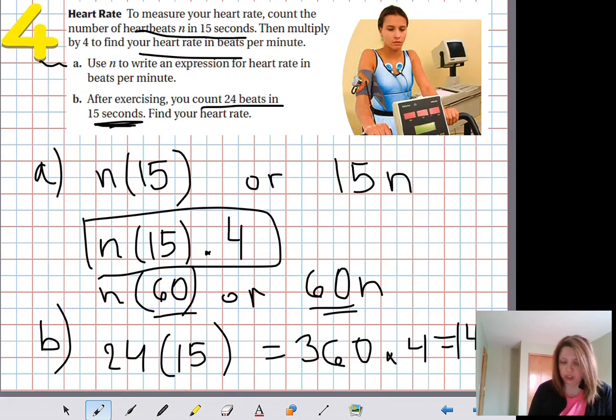That will be the heart rate. And definitely, this is a pretty high number, and this is when you are exercising and working hard. Your heartbeat goes up and increases a lot.